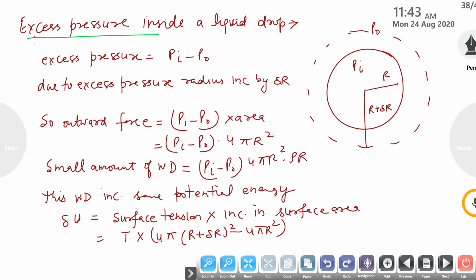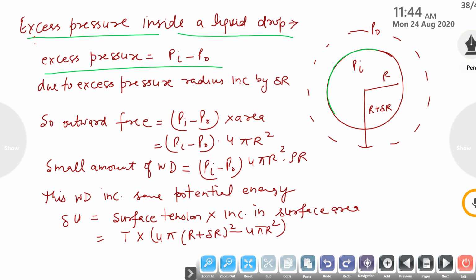Next, the excess pressure inside a liquid drop. As we know, there is always an excess pressure inside a drop of liquid. Now we have to find how we can calculate its value. Suppose excess pressure is given by Pi minus P naught. Pi is the inside pressure, P naught is the outside pressure.